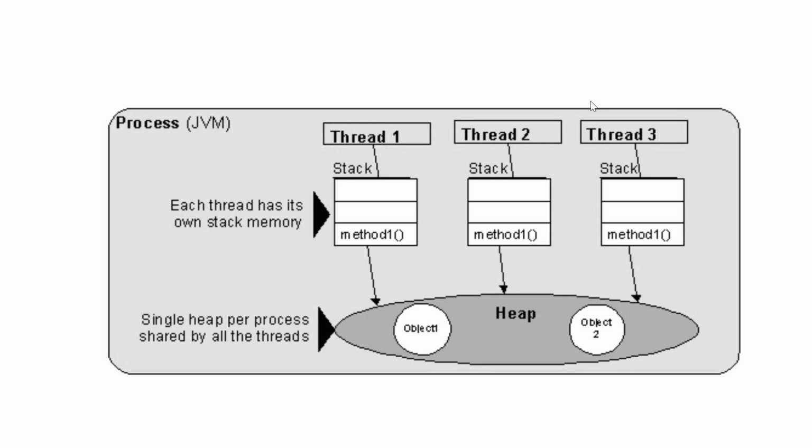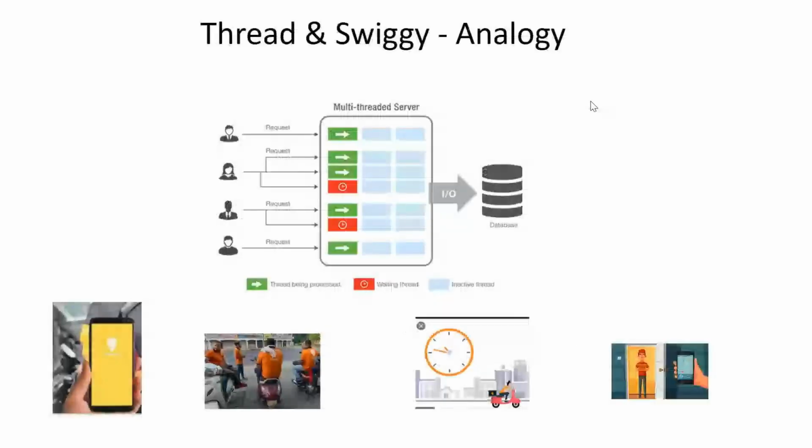Similar to peak and non-peak traffic, here as well you can configure the min and max, because maybe in the morning hours there will be huge traffic, and maybe in the night it will be very less. To handle this kind of fluctuation, you have an option to provide a min and max.